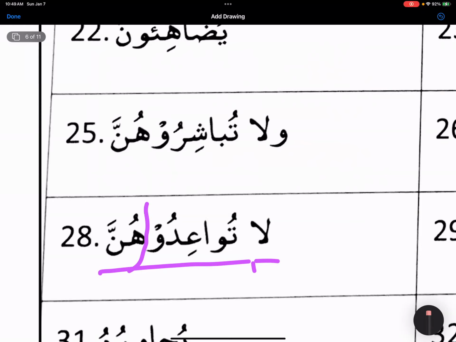This is la nahiya. Very good. Otherwise, it would be tuwa'iduna. So the noon is dropped. Why? Because this is la nahiya. Yes. La tuwa'idu. So what is the translation?